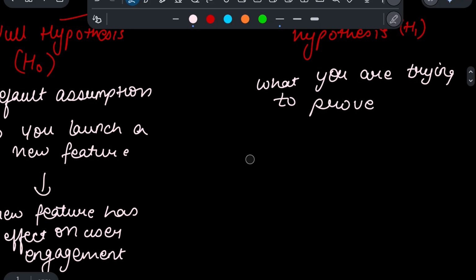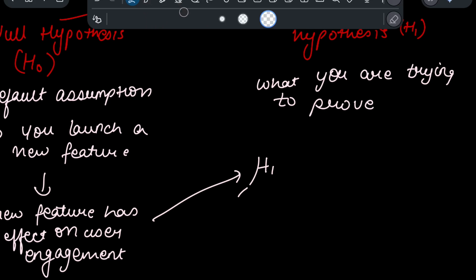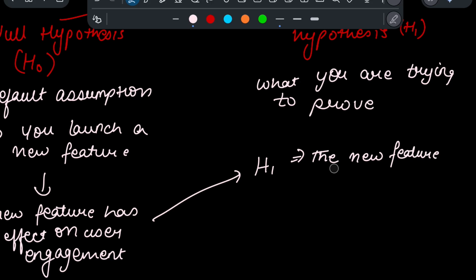So what would our alternative hypothesis be? It would be that the new feature increases user engagement.